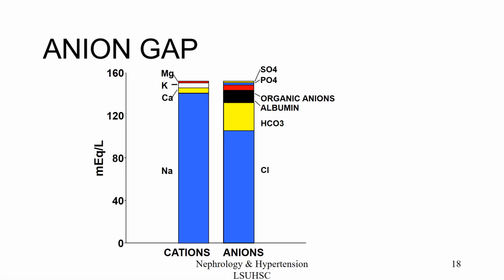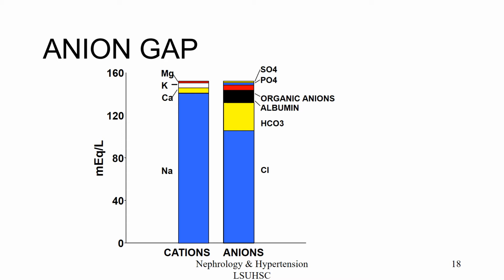Let's review the positive and the negative commonly measured electrolytes on a daily basis on our BMP. The most commonly measured cation is the sodium. We really don't measure on a daily basis the magnesium and the calcium. Potassium is a very small amount, so it's usually not included in the calculation of an anion gap.